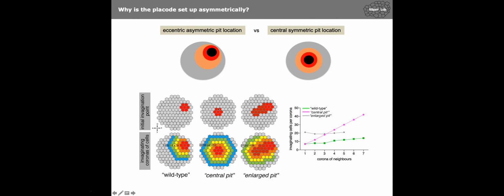A central invagination would lead to larger and larger numbers of cells with each corona being internalized. That's this pink curve here. And if we have an enlarged pit that covers some peripheral and central areas, then again we have a more steady number of cells invaginating here in gray, but much larger, so it would be a much wider lumen of the final organ.